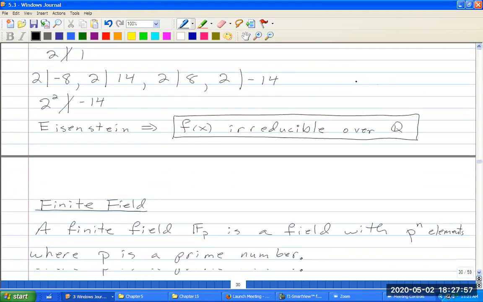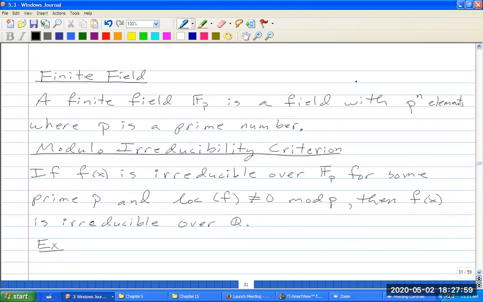Okay, so now a finite field. A finite field, F sub p, is a field with p to the n elements where p is a prime number.